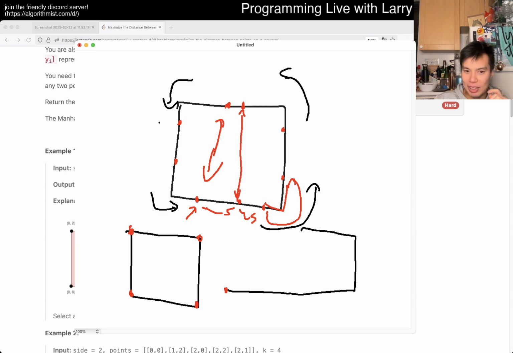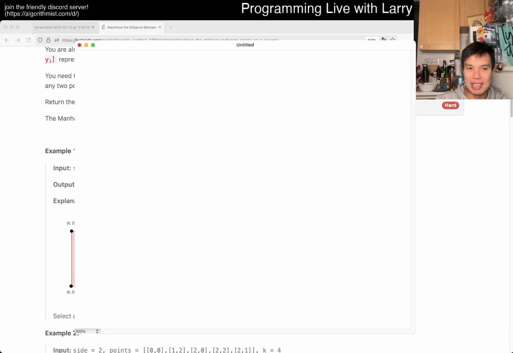If you want to draw the corners, this is the corner, this is the corner, this is the corner, this is the corner, and we just unroll one of them. If you unroll it 4 times, then you just have a line that is side times 4, right?